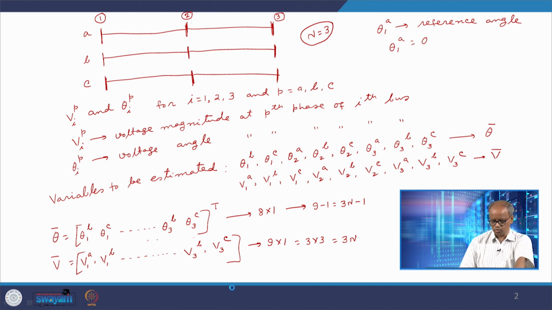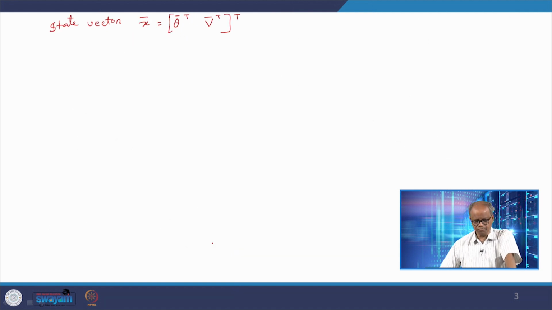Similarly, V is also a column vector, so V transpose is a row vector. Theta transpose and V transpose are both row vectors, and I am taking the transpose of this composite row vector, so x becomes a column vector.